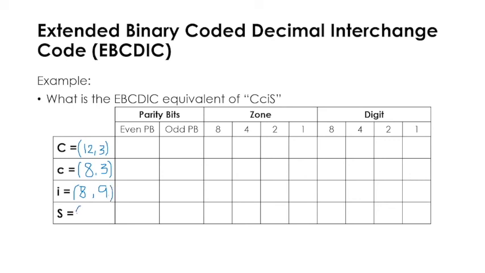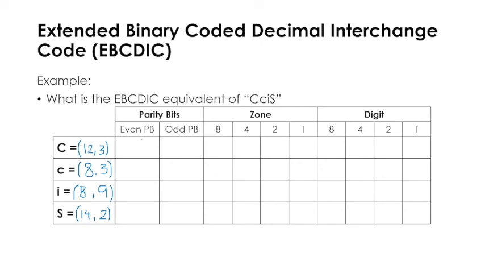And lastly, for S, the zone for S is 14, and the digit is 2. This is all based from the table that we have shown earlier.